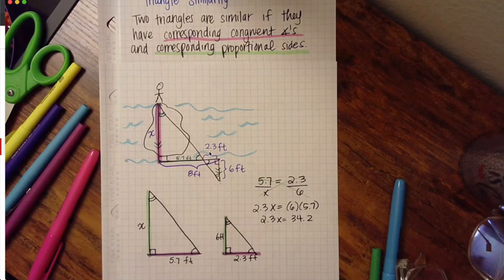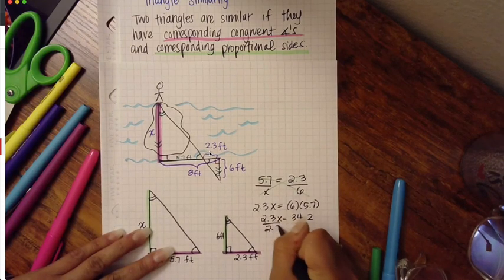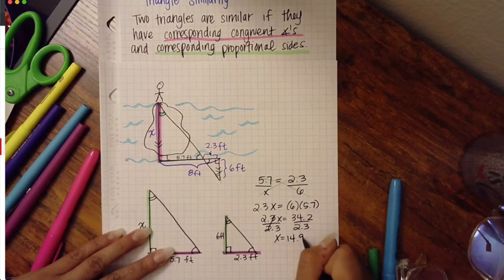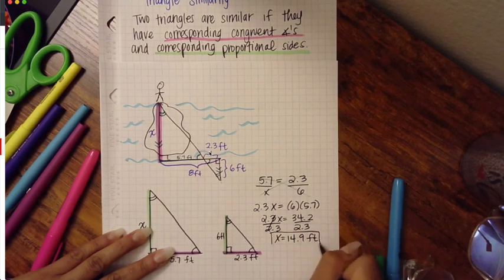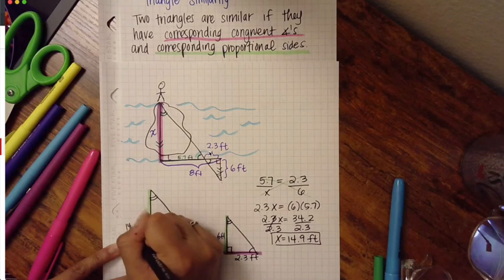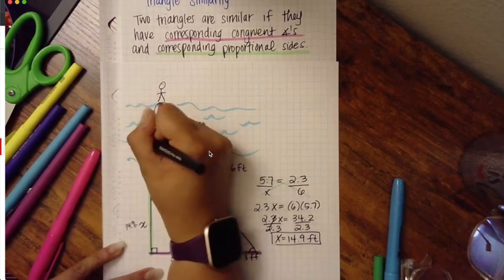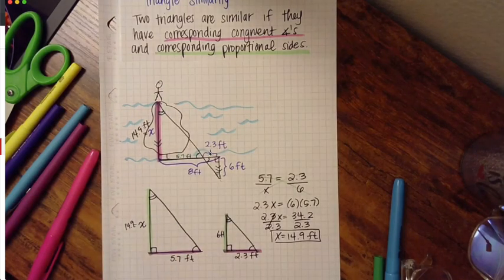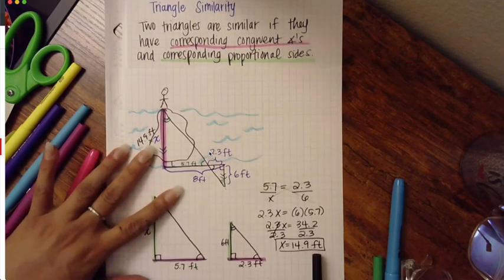And that gives me 14.9. So x is equal to 14.9 feet. So that means that this distance across the river is 14.9 feet. And there you have it.